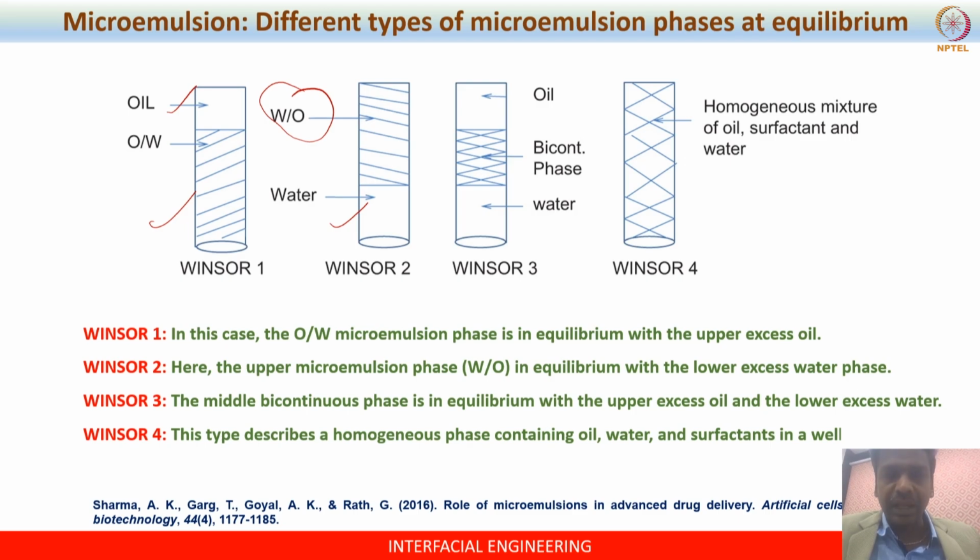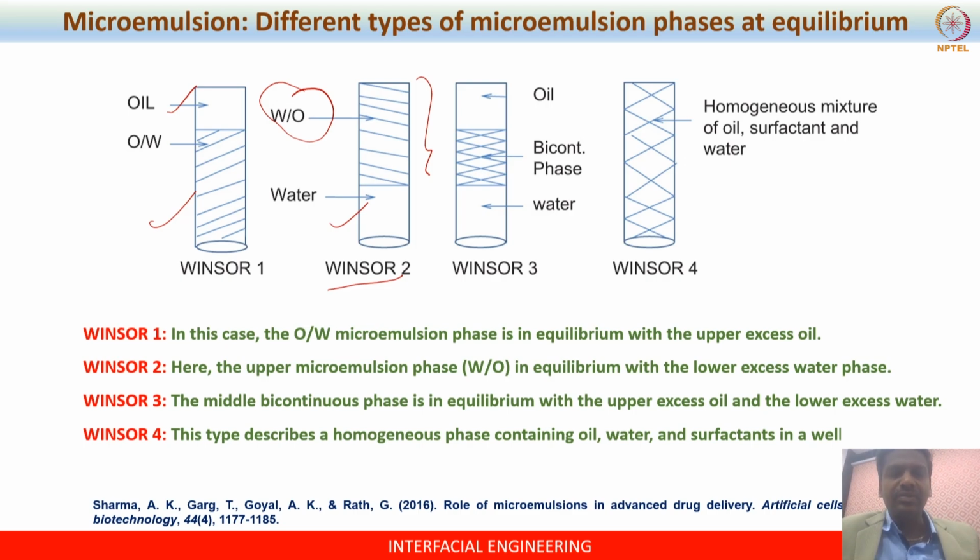Since oil is lighter than water, this entire emulsion phase will be floating, and that's why it will lie above the water phase. So this is nothing but Winsor 2 type microemulsion.